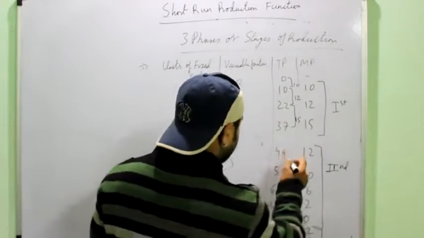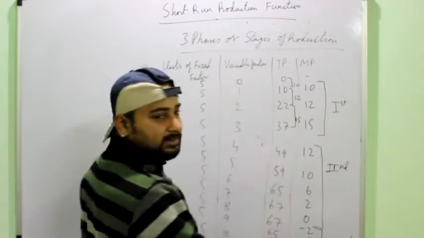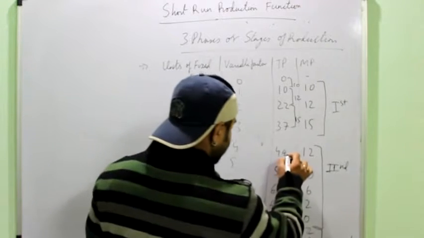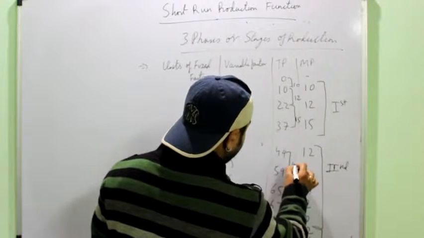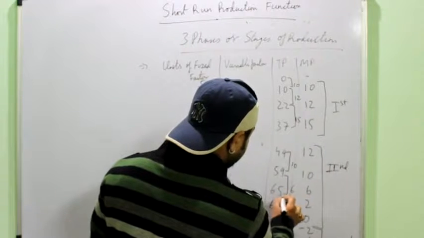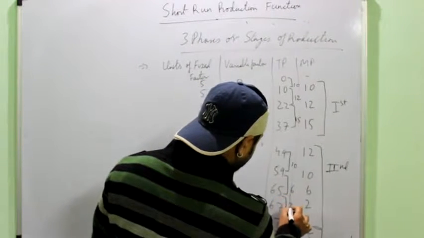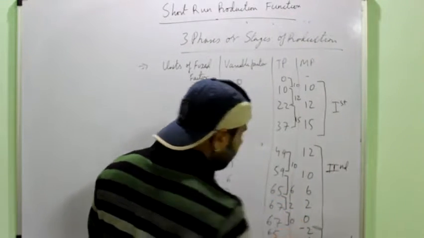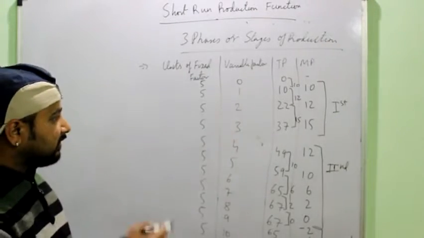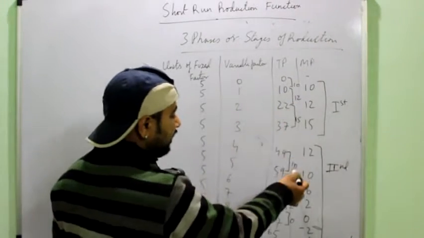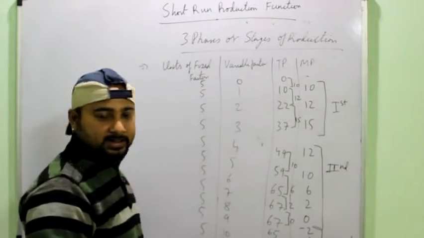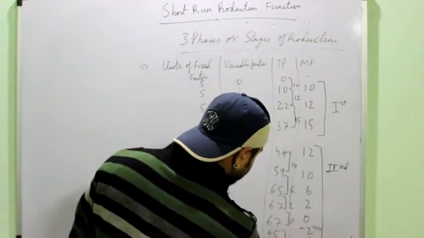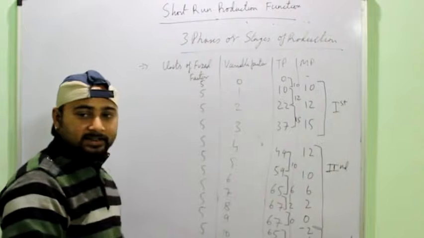Then still in the second stage also you can see TP is increasing, right? But now it increases by 10, then by 6, then by 2, then by 0. Okay, so now here it is the difference. This is increasing at an increasing rate and increasing at a decreasing rate. And obviously in the third stage it starts declining, right?